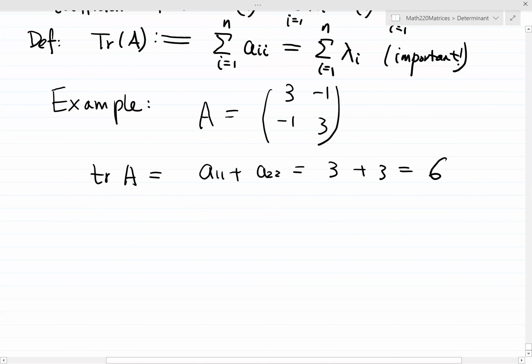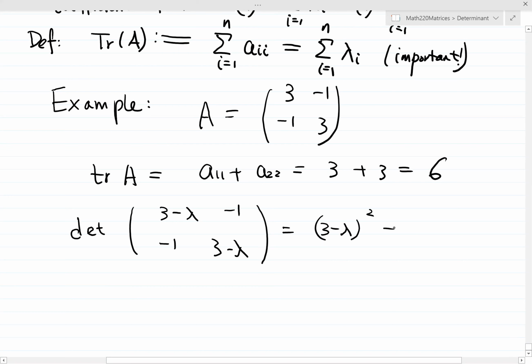Now, remember its characteristic polynomial, the determinant of this matrix, 3 minus lambda, 3 minus lambda, -1, -1. So we get (3 minus lambda) squared minus (-1)(-1), so (3 minus lambda) squared minus 1.